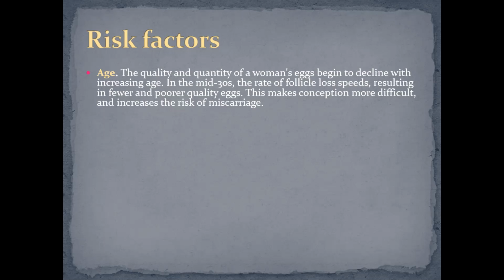And with each age after 30 years old, this incidence has ability to increase. And that's why for women at the age of 40, there is almost no chance for conception.